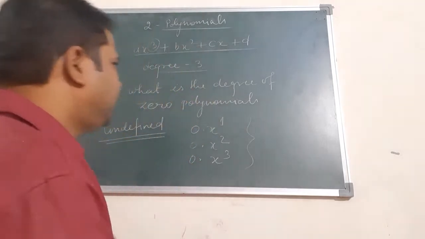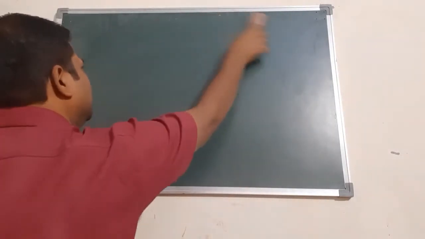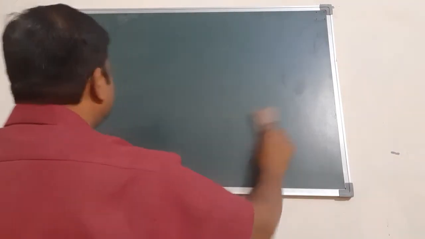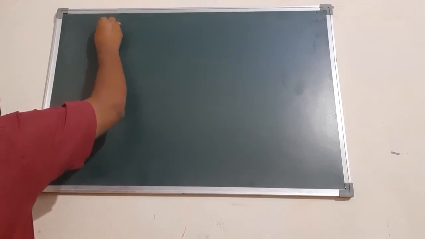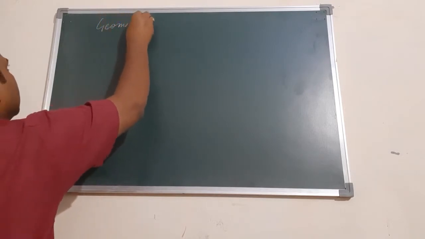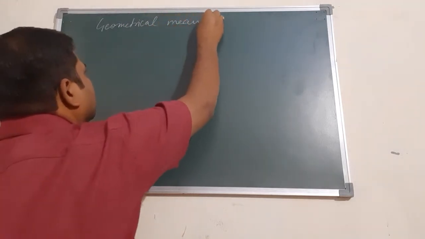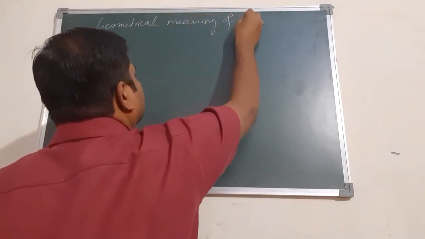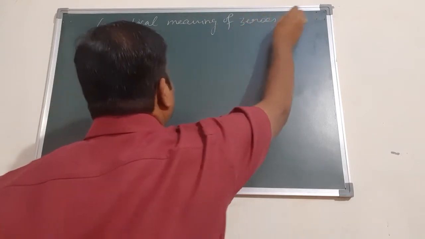In class 10, this was of class 9, but in class 10 the first topic is the geometrical interpretation of zeros of a polynomial, that is, the geometrical meaning of zeros of a polynomial.